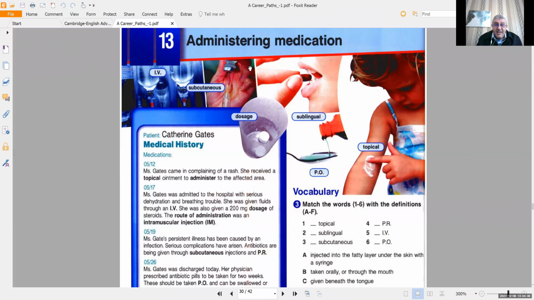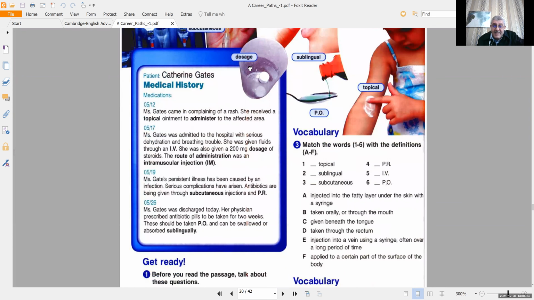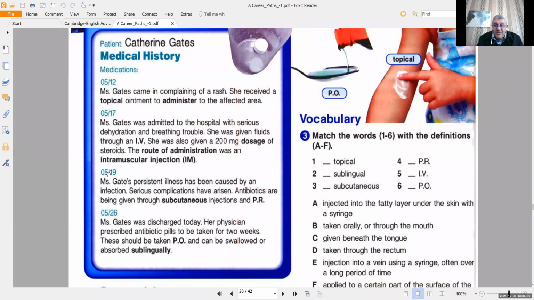Some of them come as injections, some as drugs or pills, and others as syrup or ointment. So we have different types, and today we are going to deal with them. First of all, we are going to listen to the medical history of medications, and then we are going to answer the questions in order. Welcome to the class again, and let's start the listening.